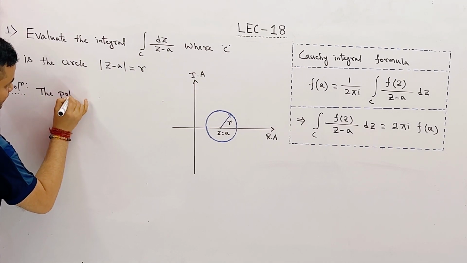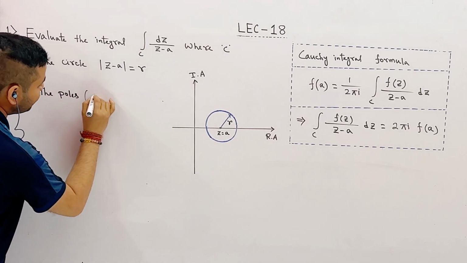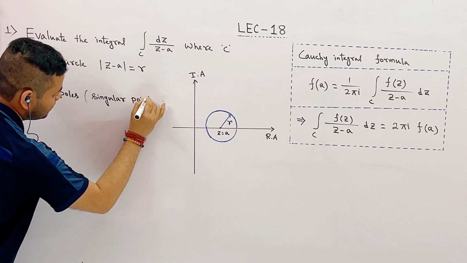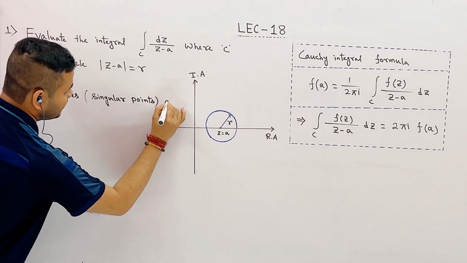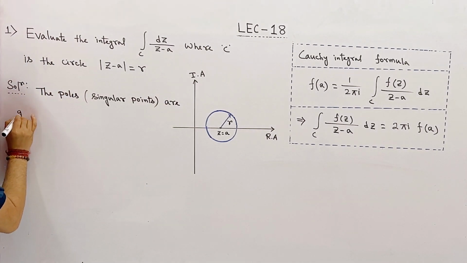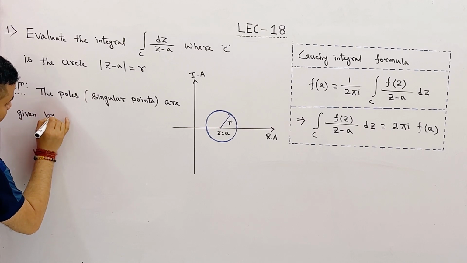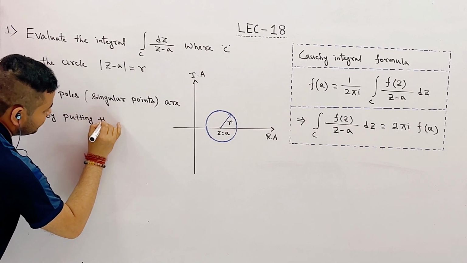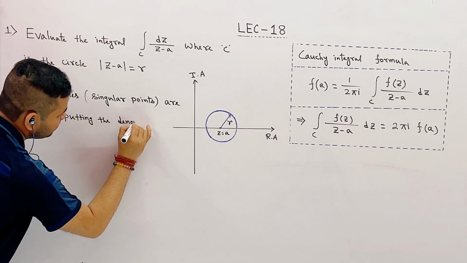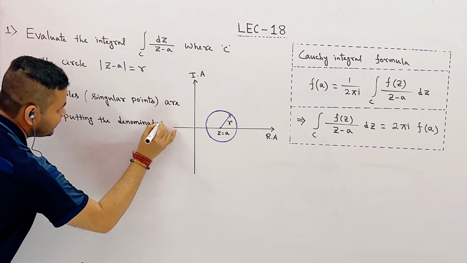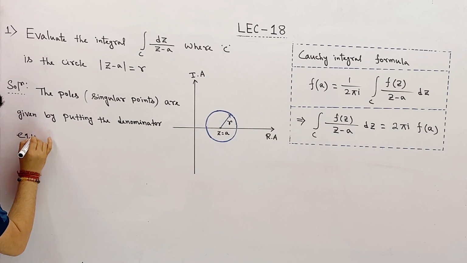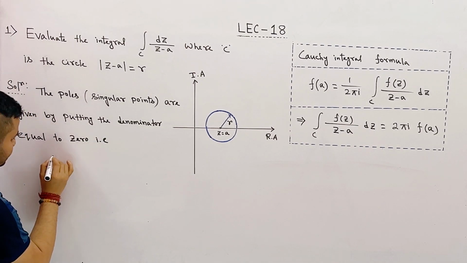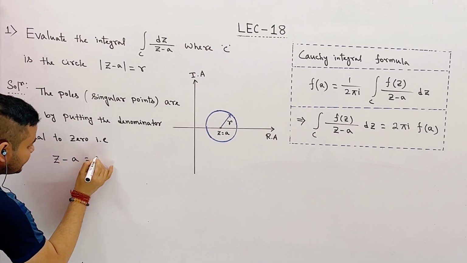The poles or singular points are given by putting the denominator equal to 0, that is z minus a equal to 0.